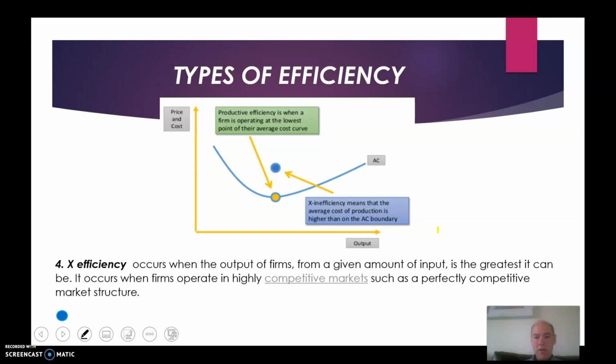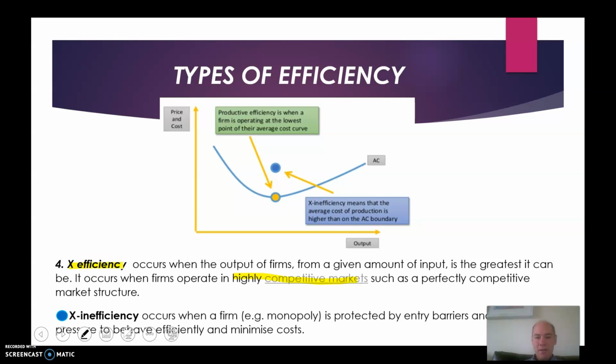In terms of X inefficiency, efficiency occurs where the output of firms from a given amount of input is the greatest it can be. Normally this would occur in a highly competitive market. However, X inefficiency occurs normally where there are a small number of firms dominating a market, monopolies, oligopolies. They're protected by entry barriers.